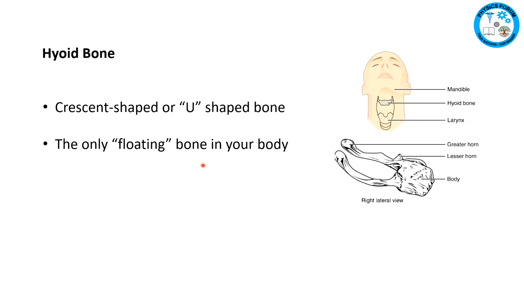The hyoid bone plays a crucial role in swallowing and speech by anchoring the tongue and serving as an attachment point for muscles of the larynx. An important thing I should mention here is that the hyoid bone is often discussed in forensic medicine. Why? Because a fractured hyoid bone is often considered a classical sign of strangulation.